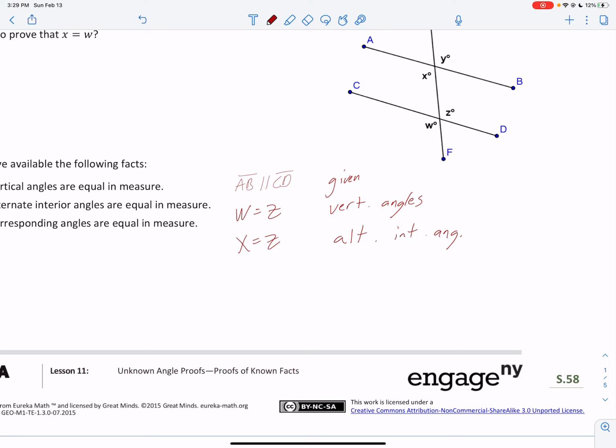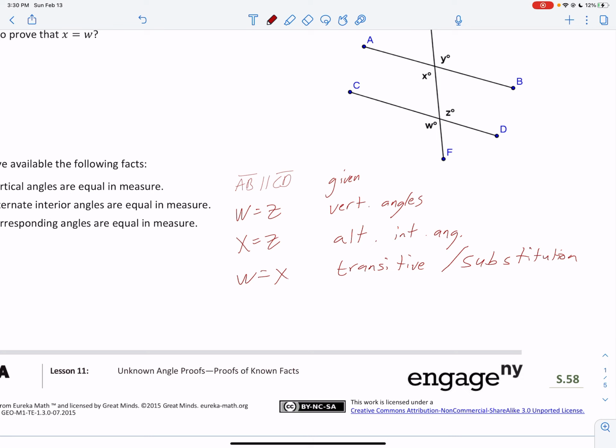So they're both equal to Z, so I can replace this Z with what Z is equal to, that X right there if I want. So I can say that W equals X, and I can say that it's because of the transitive property. Or I can say substitution property. Both of them would get me there.